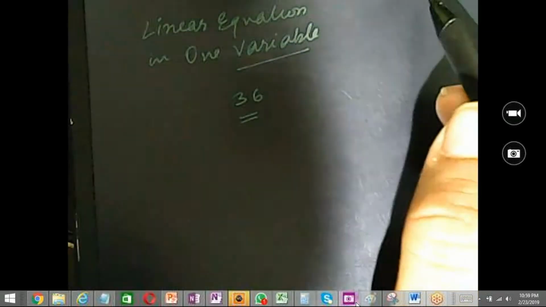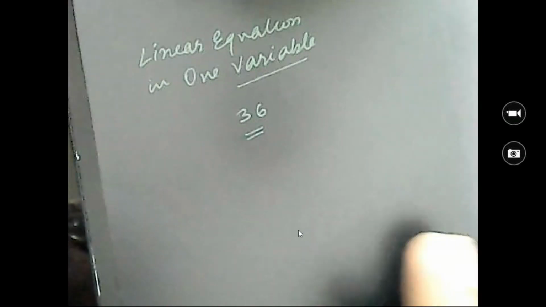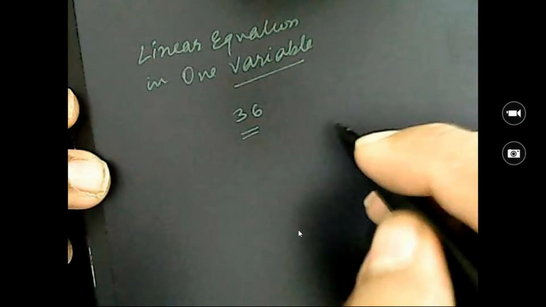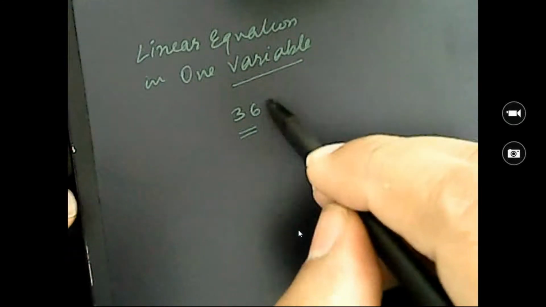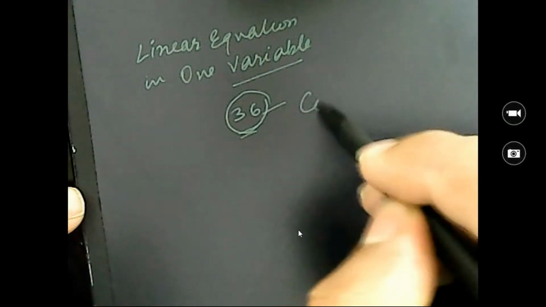That will be 36 only. If we are talking about these kinds of fixed numbers, then this is called a constant.